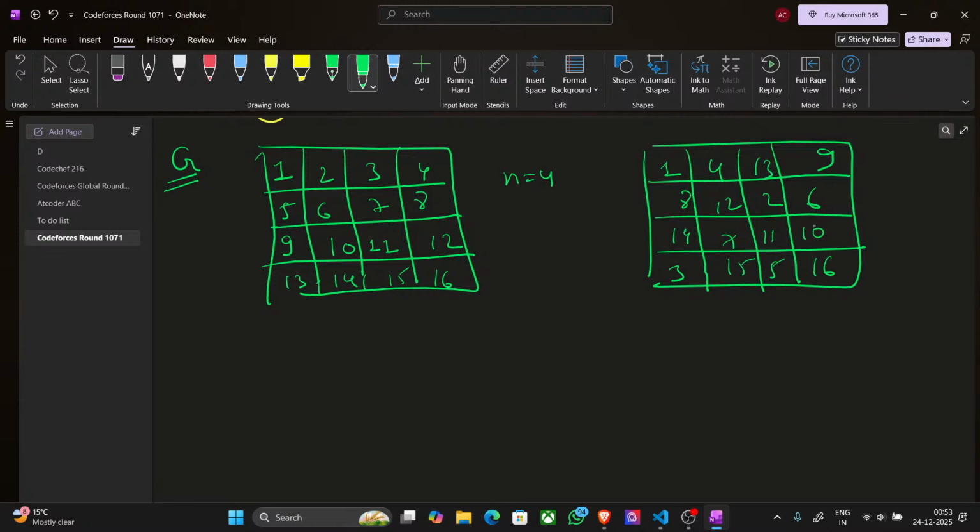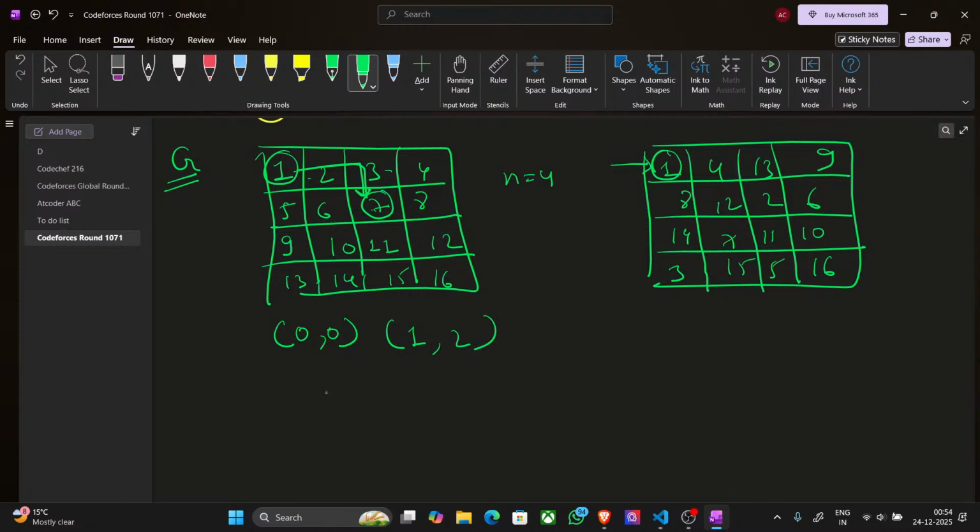So all these penguins have moved, and you can ask any penguin what is the distance between it and its neighbor penguin. Like 1 earlier had distance with 7 of 2 blocks, right? No, 3 blocks: 1, 2, and 3. So it was 0, 0, and this was 1, 2, right?